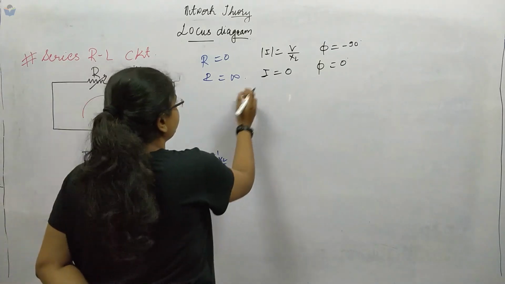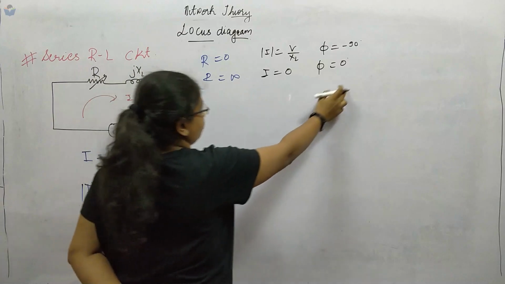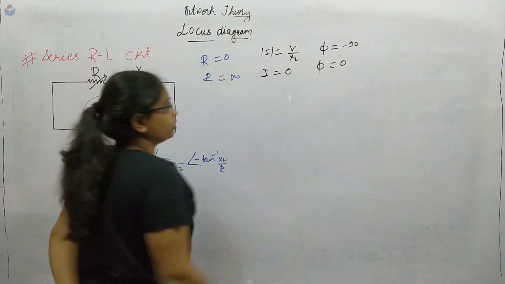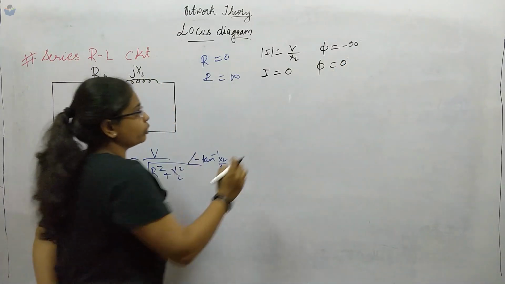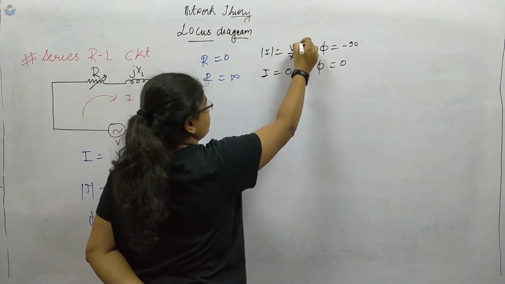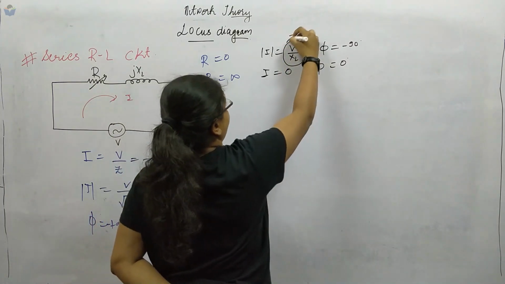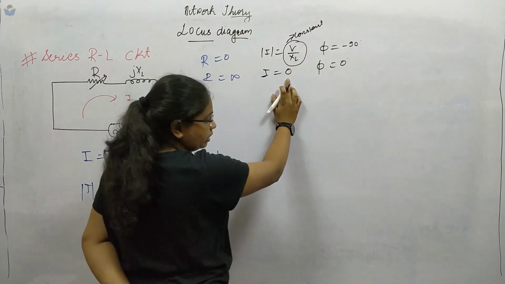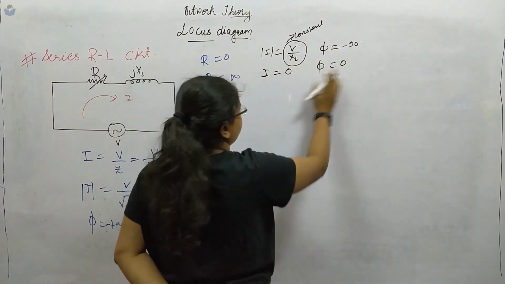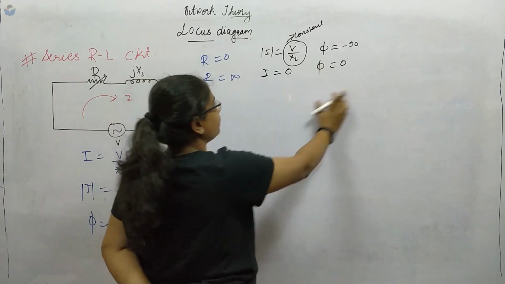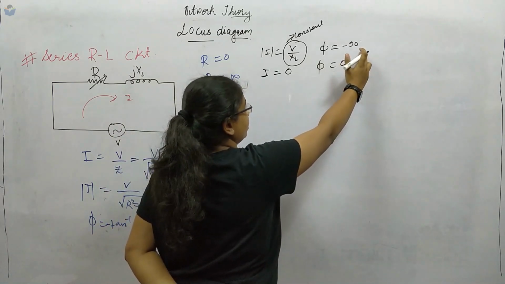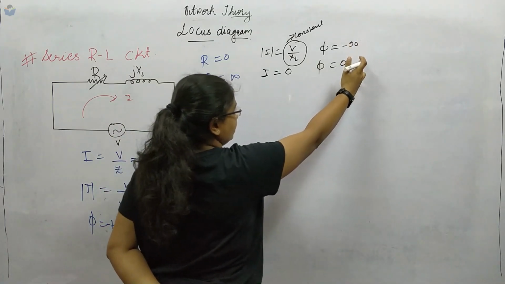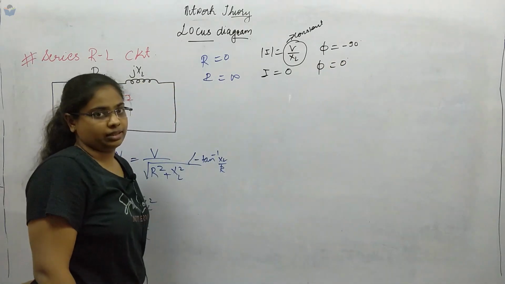So now we have the variation from 0 to infinite, where the angle moves from minus 90 degrees to 0. What is the observation? At one end the magnitude is a constant value, and at the other end we get 0 value, not degree. For the angle, it is reducing from minus 90 degrees to 0 degrees.